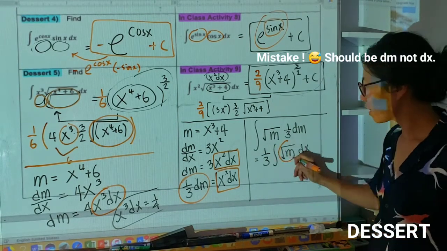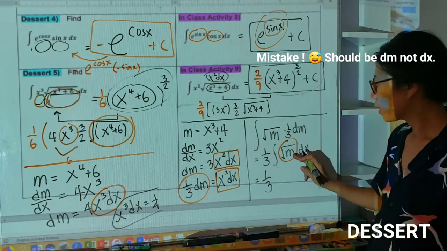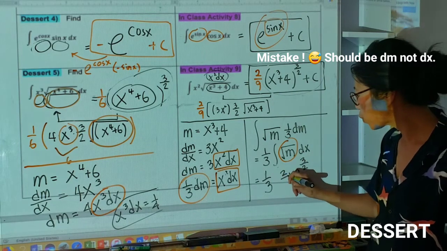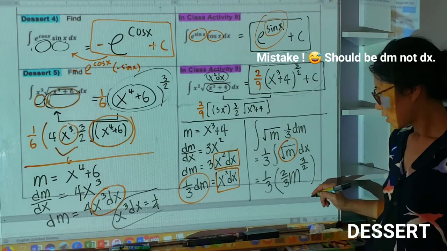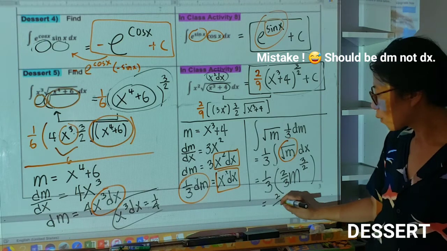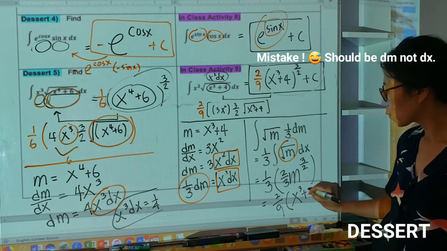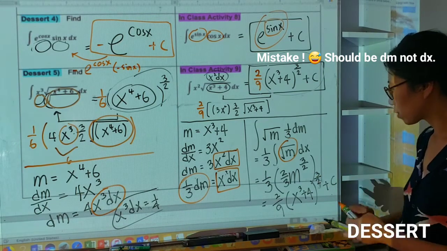Then we can take an antiderivative of this one. It will be m to the 3 over 2 and 2/3, because you have to cancel out your factor. Almost there. That will make 2 over 9, and then m is x cubed plus 4, to the 3 over 2, plus c after substituting back.